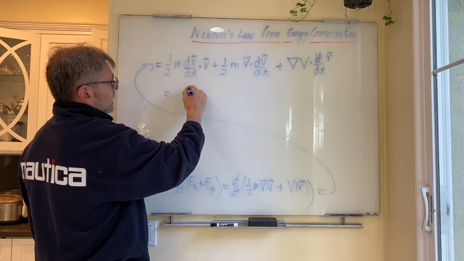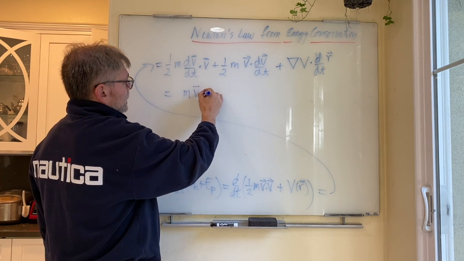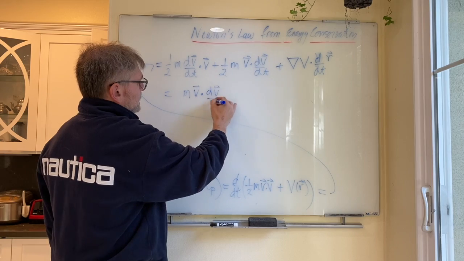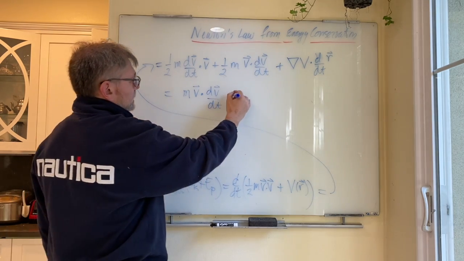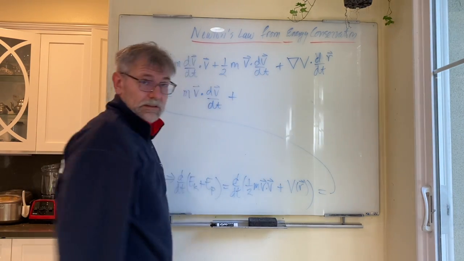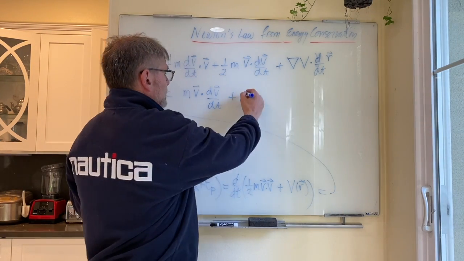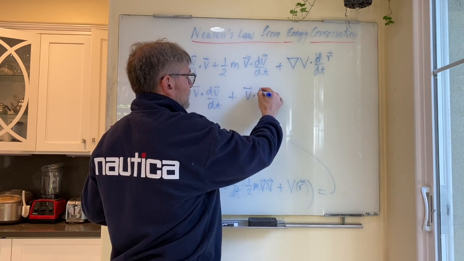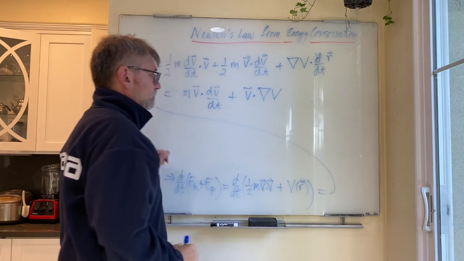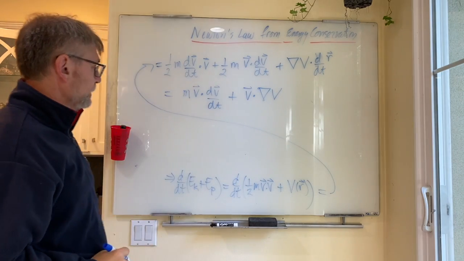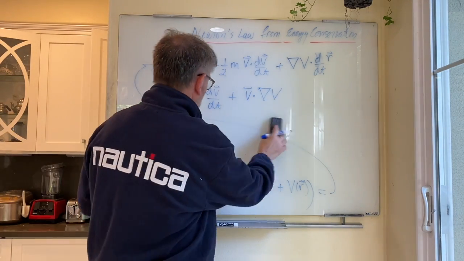So I have m v dotted with dv/dt plus, and this term dr/dt, well, the rate of change of the position is just the velocity. So this becomes v dotted with grad v, where v is the potential energy, remember. And then I can group these two terms.